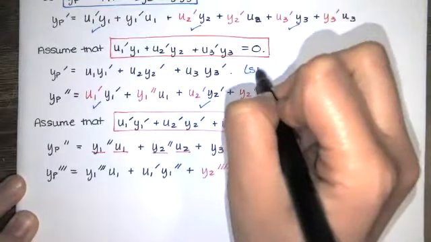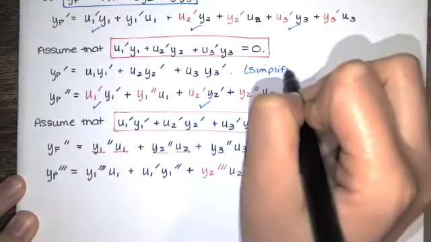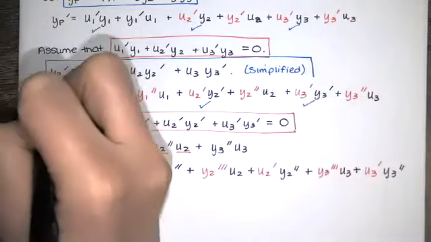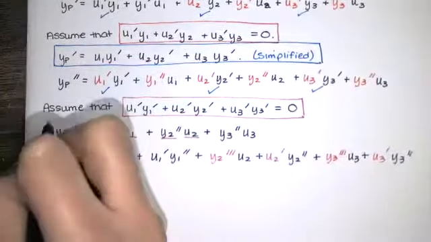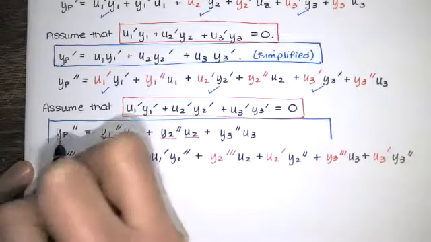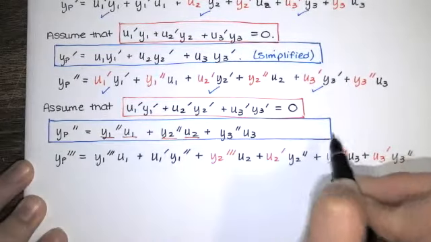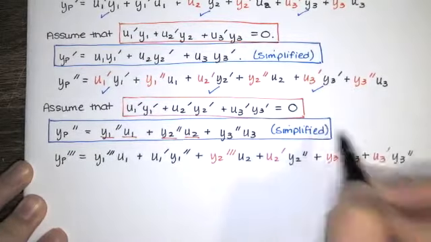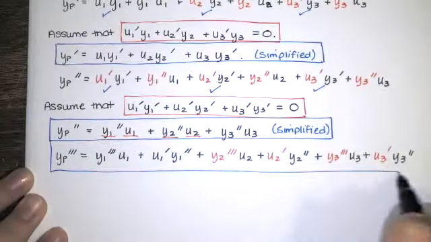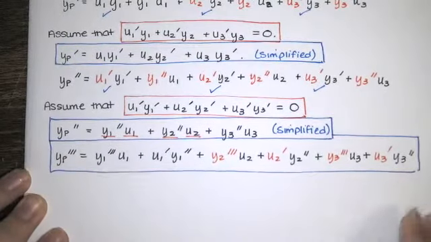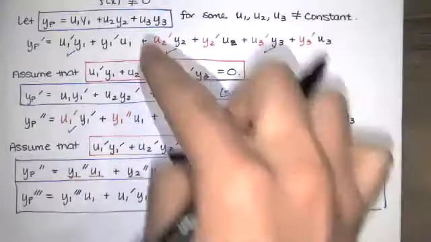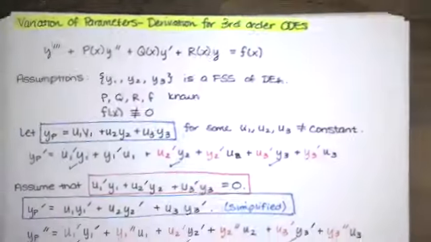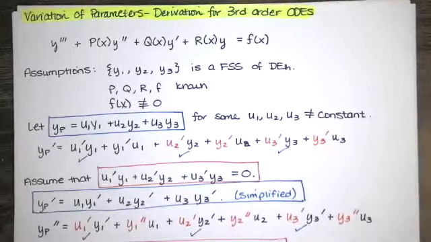And this is the simplified y sub p prime under our assumption. And then this is the simplified y sub p double prime under that second assumption. And the third derivative, we're not simplifying yet, but we've got that as well. So we're going to substitute all 4 of these into this general form of that third order differential equation.